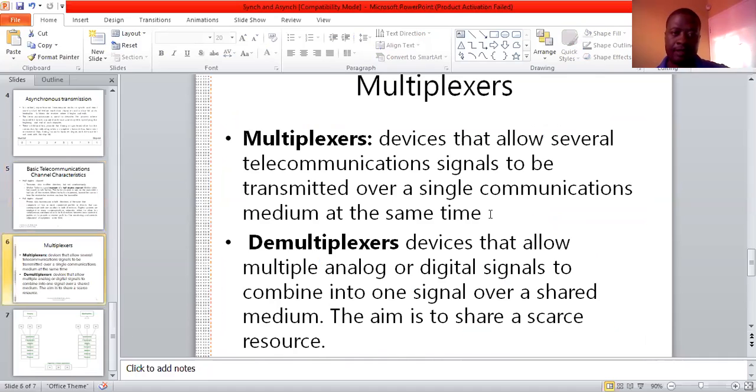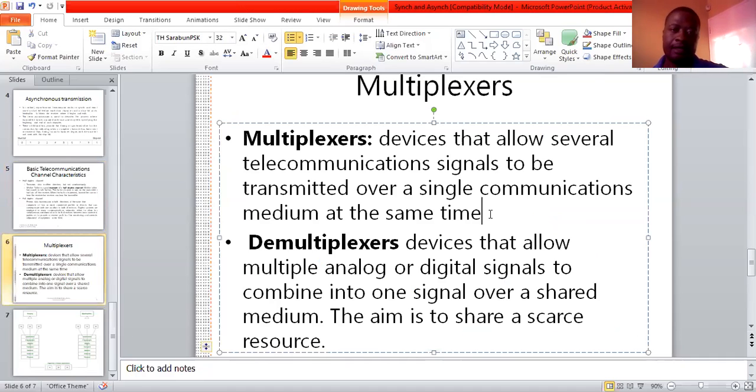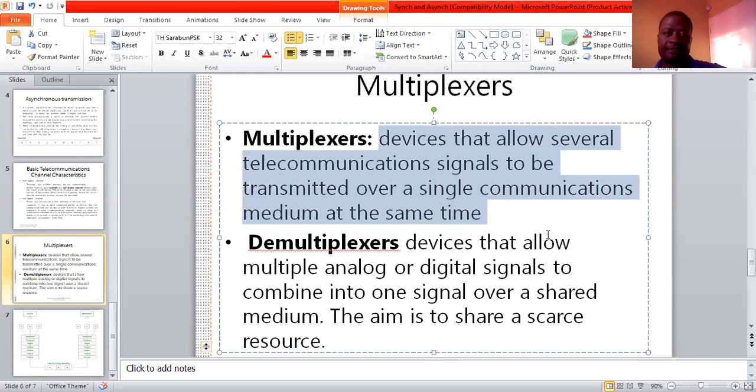All right, moving on, we have what are called multiplexers and demultiplexers. Multiplexers are devices that allow several telecommunication signals to be transmitted over a single communication medium at the same time. So you have a number of devices communicating to the other side.